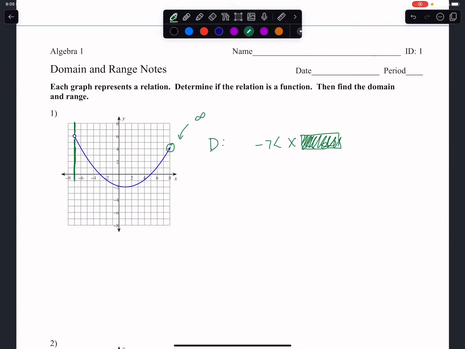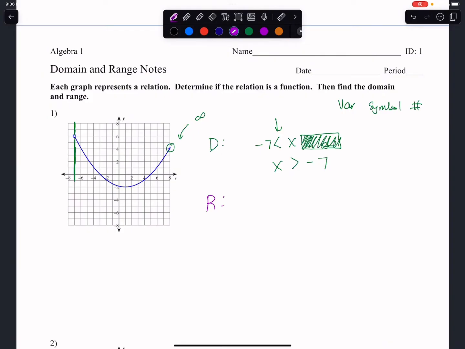When we talk about inequalities, it's easier to read when you have variable, symbol, number in that order. So we want the X on the left, the symbol in the middle, and the number on the right. Since we flipped the whole thing, this symbol flips as well. So this is my domain: X is greater than -7. If you look at the graph, the line is on all the numbers greater than -7, so that makes sense. So let's figure out what the range is.